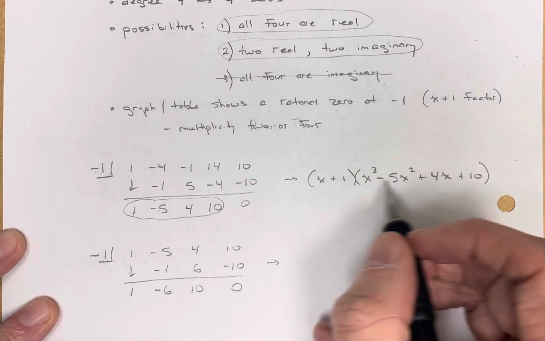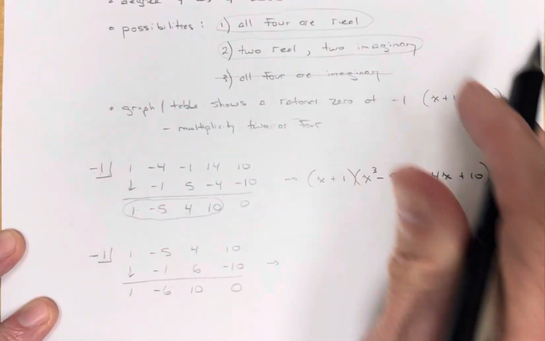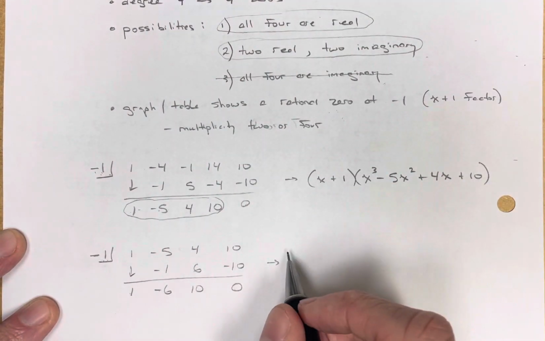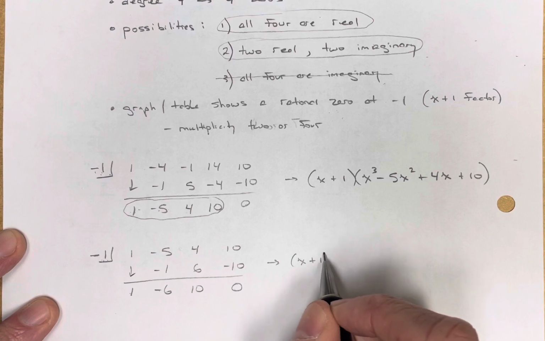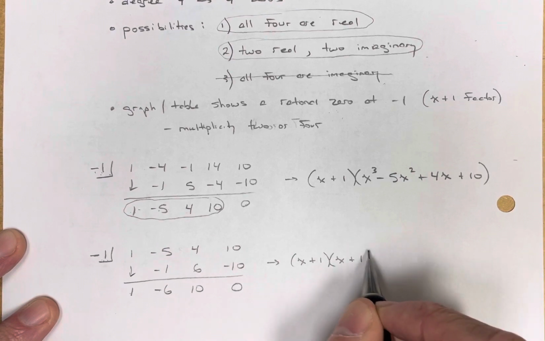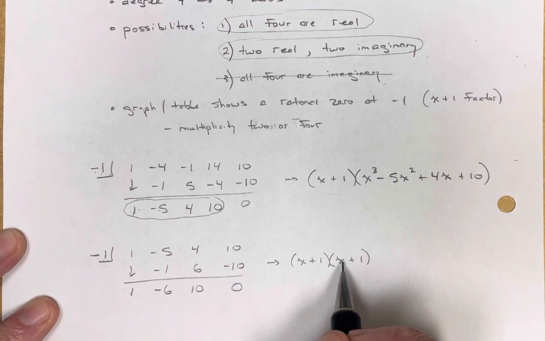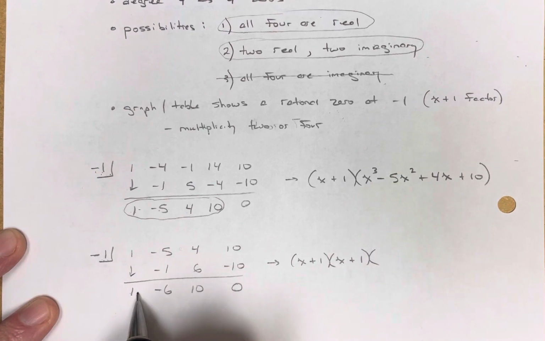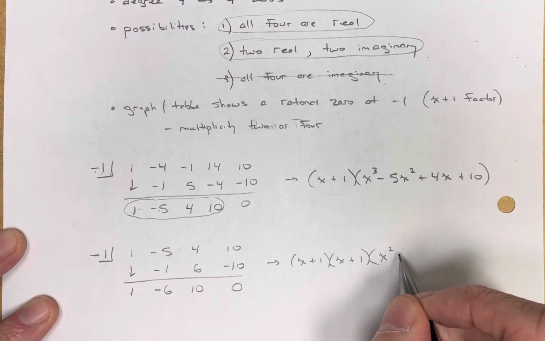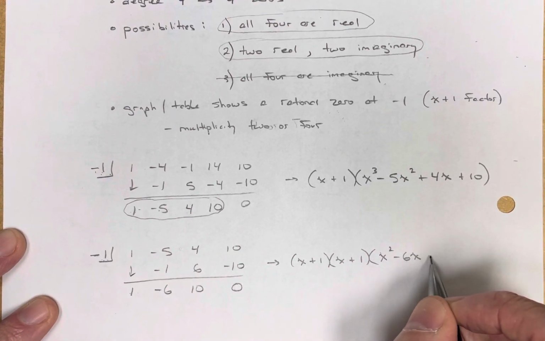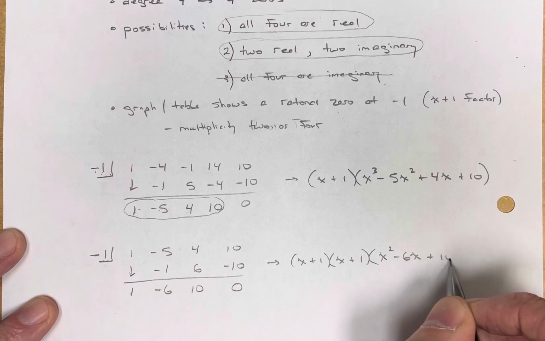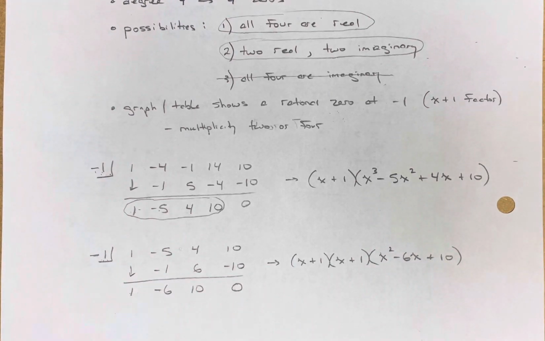So now we know we can rewrite this polynomial as x plus 1 times x plus 1. Well, we knew that -1 happened at least twice. And we have x squared minus 6x plus 10. Okay, is -1 a factor again?